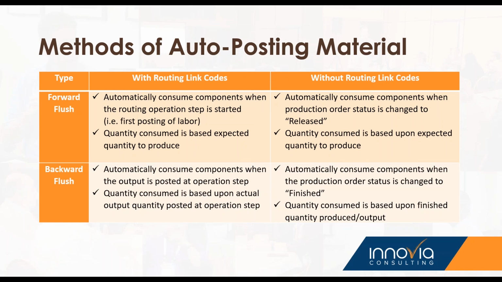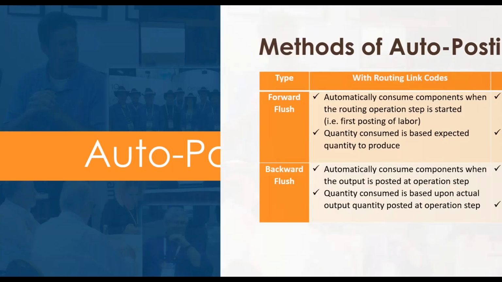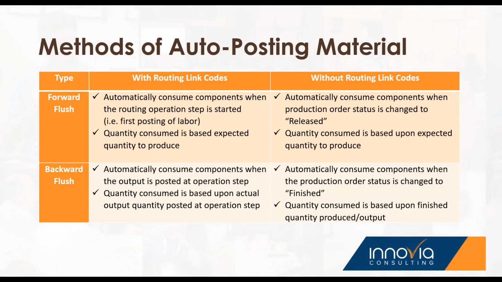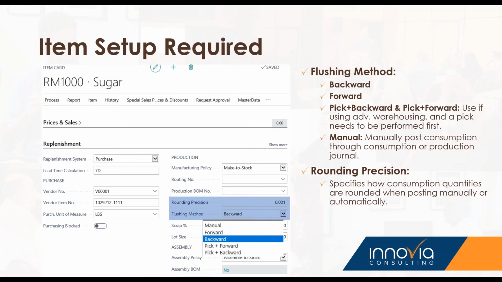When I back flush that, I have to be aware of my rounding precision on that item that's in inventory in pounds. If I have a rounding precision of 1 and I post 1 output, it's going to take 6 ounces and round up to 1 pound. So maybe I'm jumping around here, Jenny.